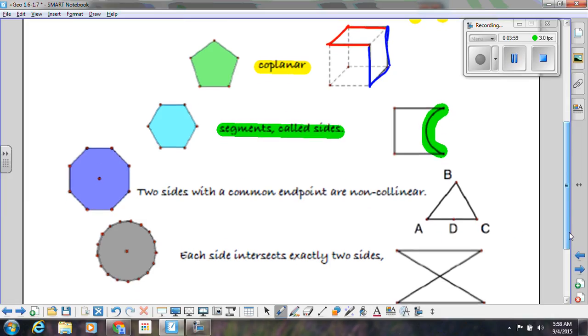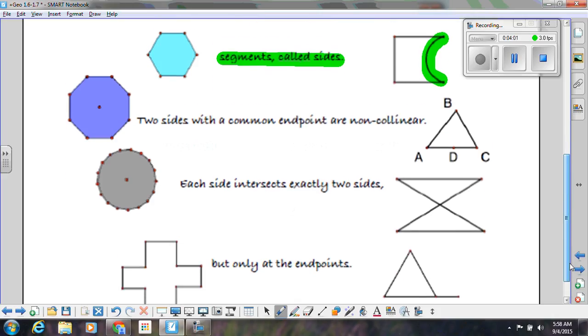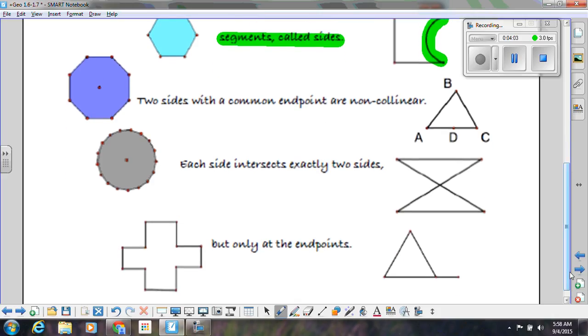Also, something you might not have thought about is that the 2 sides with a common endpoint have to be non-collinear. So if I have this side and this side of this polygon, notice that the red line and the green line, they're not on the same line.